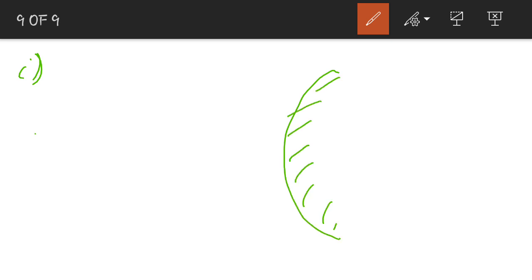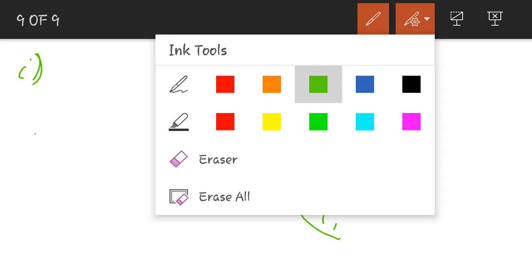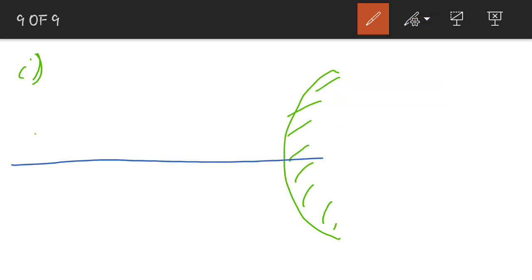Coming back to the last one, it is given as parallel to the principal axis. If a line is parallel to the principal axis, what is the rule for us? A ray parallel to the principal axis, after reflection, appears to pass through the focus. This is our pole, this is focus and this is center of curvature.